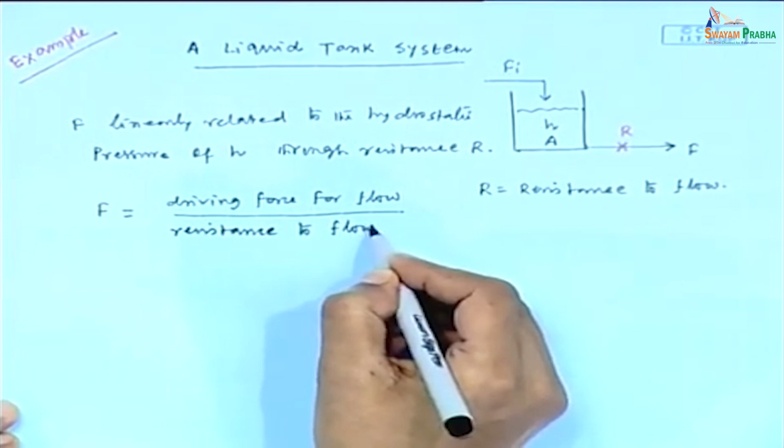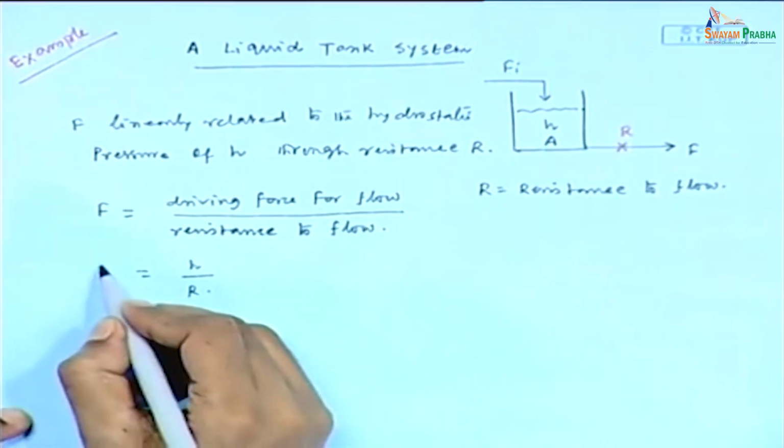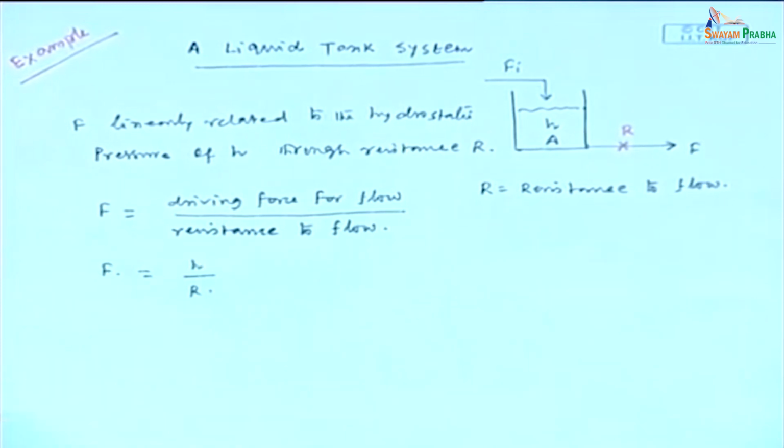It is quite common in heat transfer also, like Q equals to delta T divided by R. We have studied in our heat transfer course, rate of heat transfer equals to driving force, that is temperature difference, divided by the resistance. Similarly, we are writing the same relationship, that is F equal to driving force, here H, and resistance is R. Fine. So, in the modeling equation we will consider F equal to H divided by R.